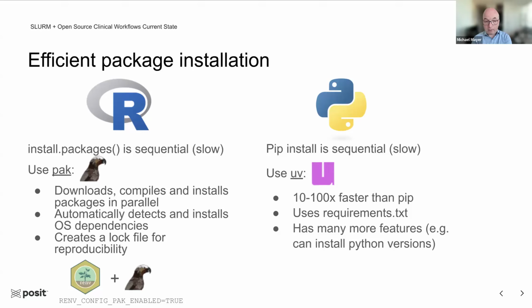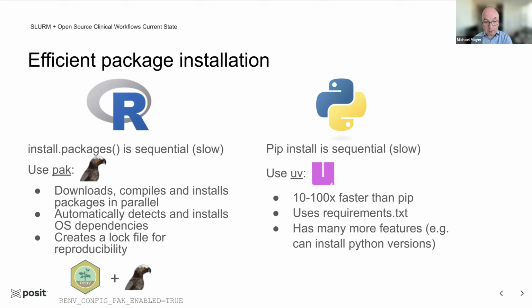However, in the not so distant past, 2 packages have emerged. On the R side, it is a package called PAK, P-A-K, that a colleague of mine and Phil is developing. And on the Python side, there's a package called UV that is more recent than PAK, I think. What those tools do is download and install packages truly in parallel, and that makes it much faster.